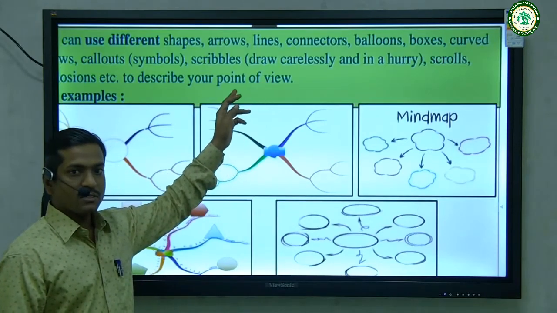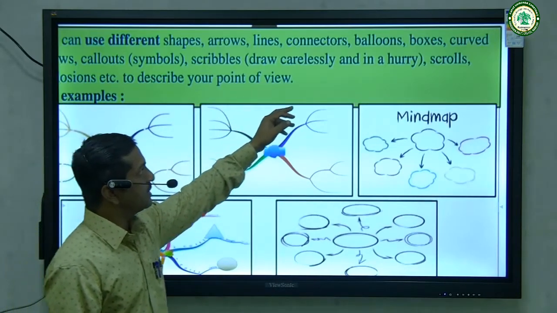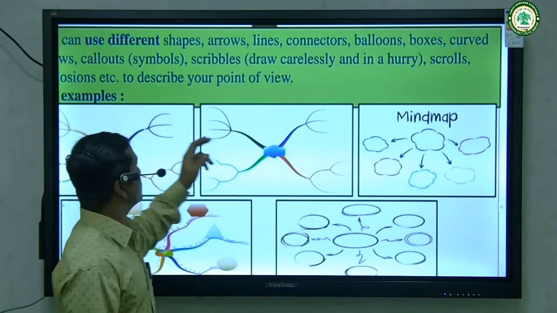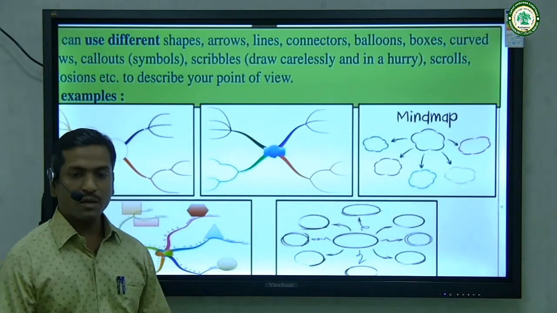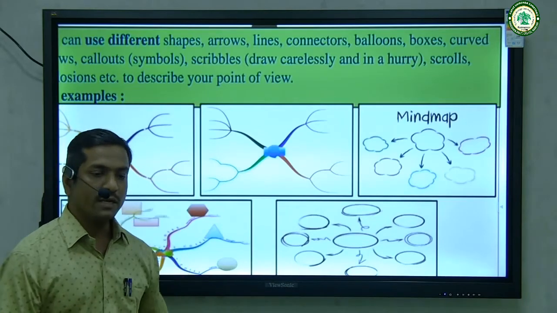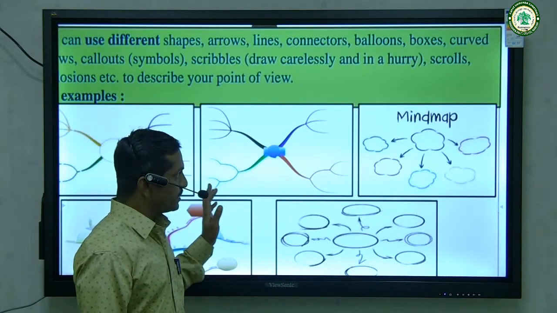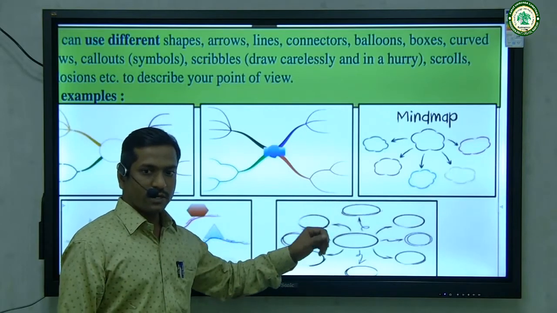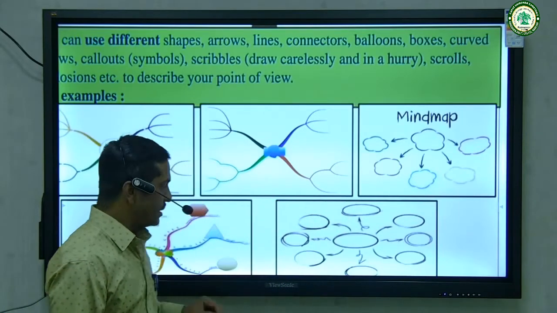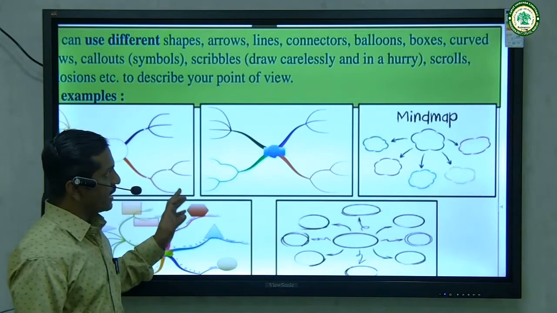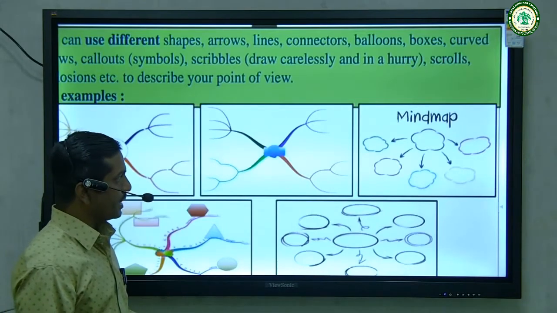Scribbles means you can draw carelessly and in a hurry, then scrolls, etc., in order to describe your particular point of view. You can see here different kinds of images. You can use such kind of images, such kind of design in your mind map. Such kind of images you can add while doing the mind mapping activity.